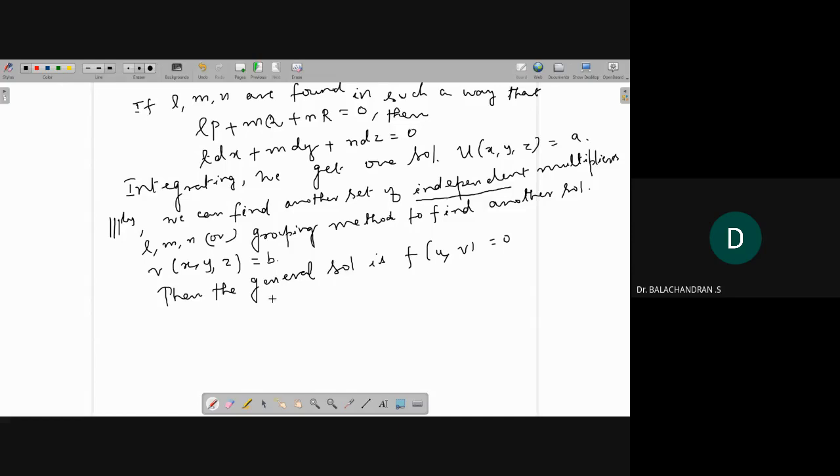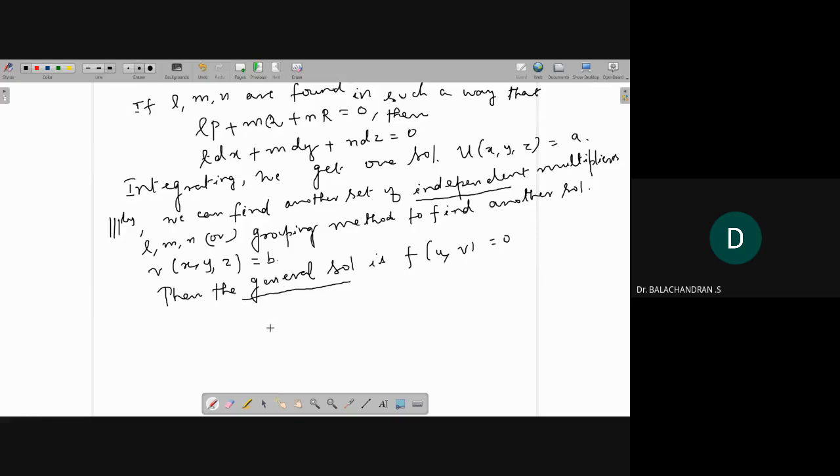The advantage of Lagrange's method is that we are finding the general solution. In some of the previous methods, you can find only a single solution, and we explained how to find the general solution by eliminating the parameters from the two equations.